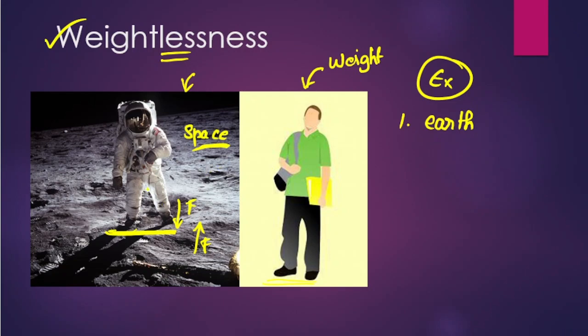So he's not going to stand on the ground. So the ground is not going to produce any force. Therefore, the force produced is zero. So he can't feel his weight. As a result, in the second case, when he is in space, he can't feel his weight.